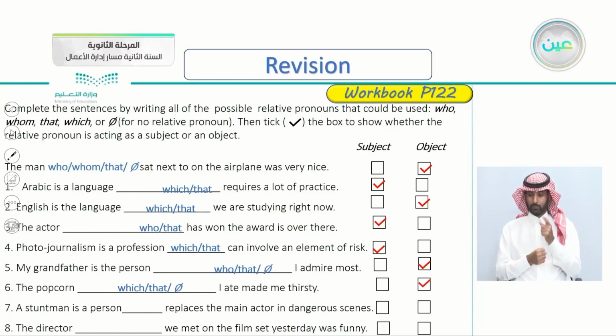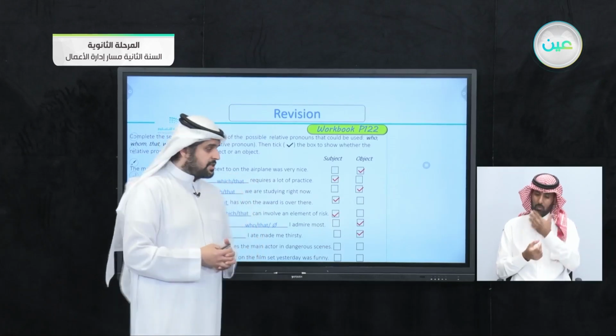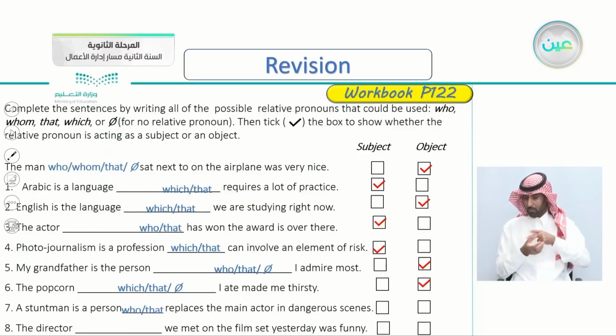So we can just say the popcorn I ate made me thirsty. Number seven, a stuntman is a person who replaces the main actor in dangerous scenes. So we know the stuntman, the person who takes the place of the actor who looks like him in dangerous scenes. So, yes, who or that replaces the main actor.